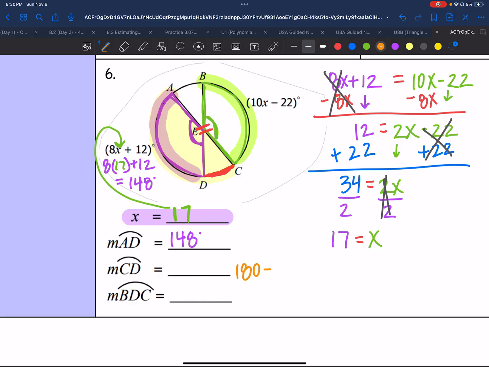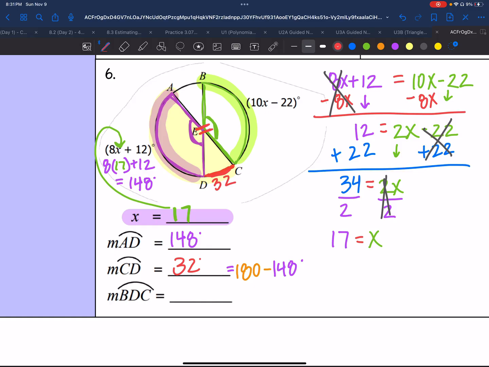So I'm going to subtract that 148 that we just found, and that's going to leave me with what's left, which is that little CD, what we're looking for. So we get 32 degrees as our arc CD.